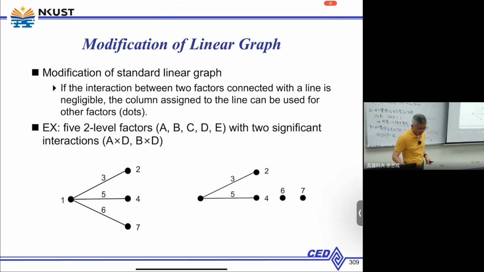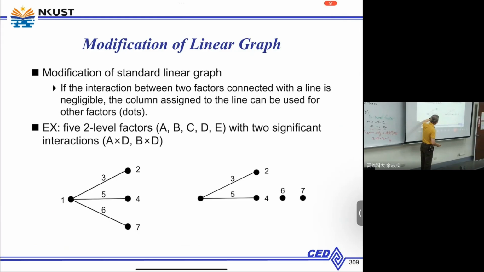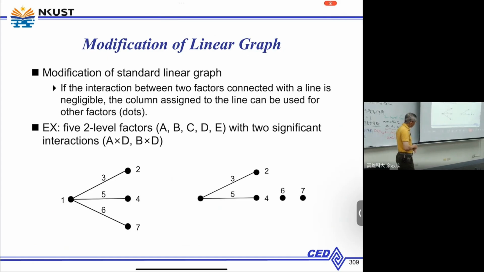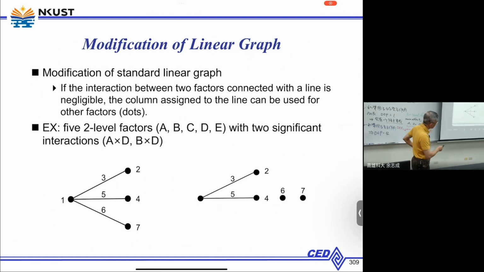So you can pull this line out, cancel it, and create another dot from this line. So this is a new linear graph, and it can accommodate 5 main effects, 5 dots, and 2 interactions. So this can be used for this example.